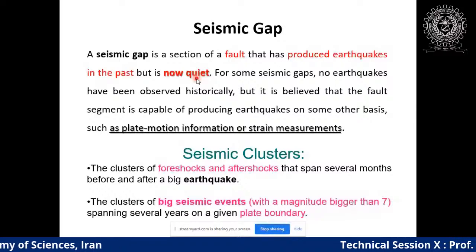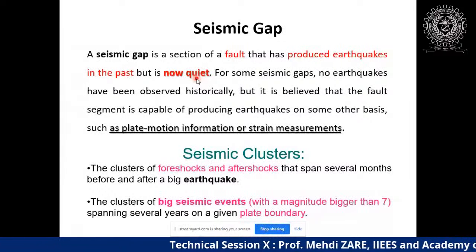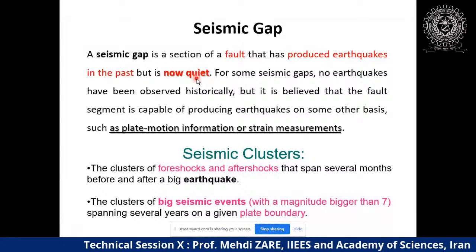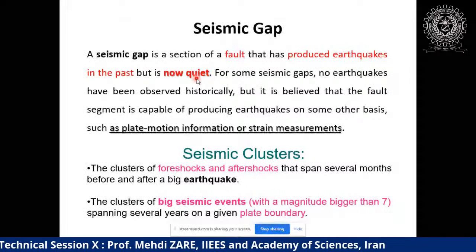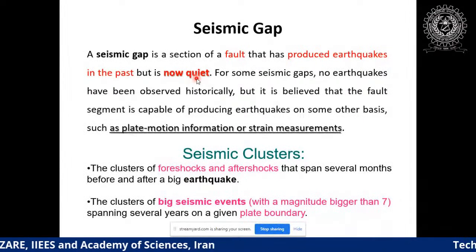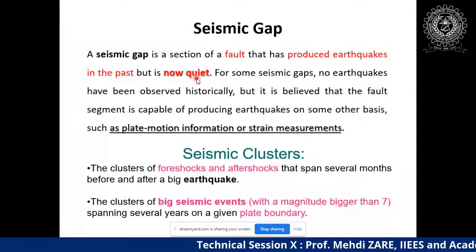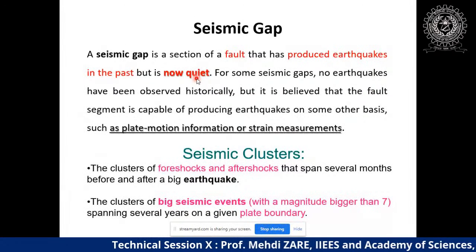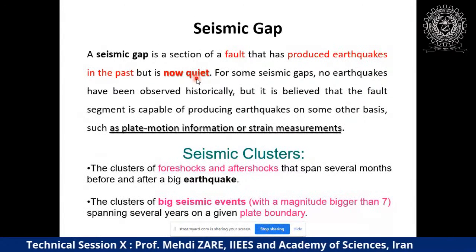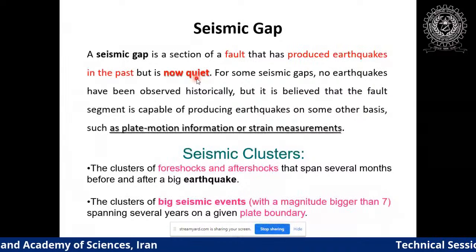Clusters are either a group of foreshocks and aftershocks occurring before and after a big earthquake, or big seismic events occurring normally in the plate boundaries, especially along the boundaries of oceanic crust.